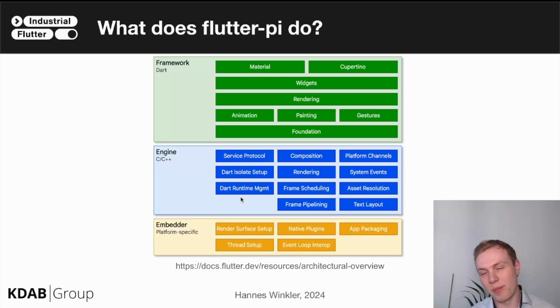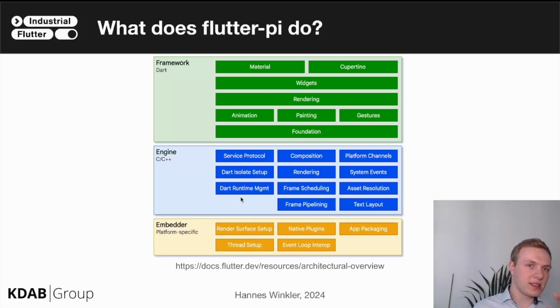So there's an embedder for Linux desktop, for example, Windows desktop, Android, iOS. Some of the responsibilities that it has is, for example, to set up an OpenGL, Vulkan, or Metal surface for the engine to render into.